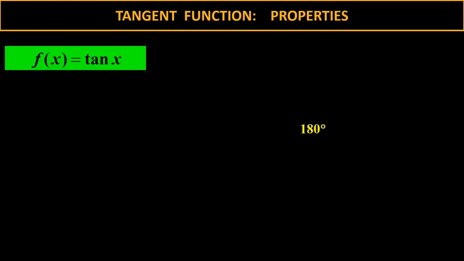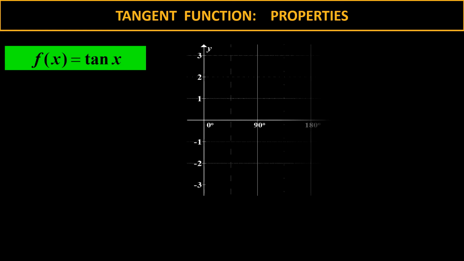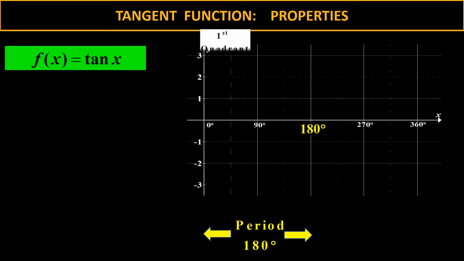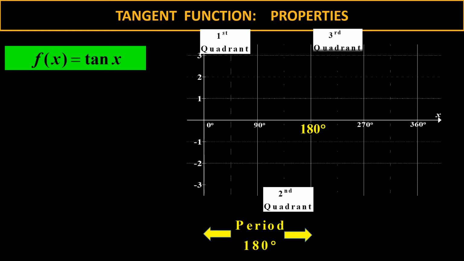Now let's look at the tangent function. Again, let's get a graph. The tangent function's period is not 360, the tangent has a period of 180. Let's look at this. Positive in the first quadrant and negative in the second. Then positive in the third and negative in the fourth.